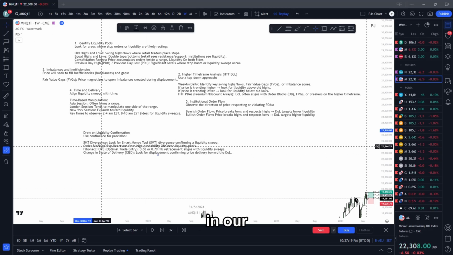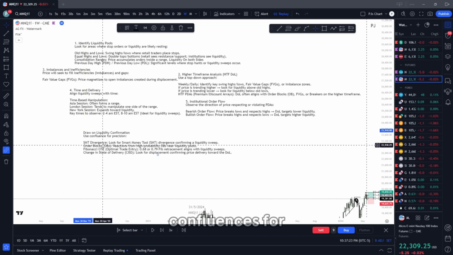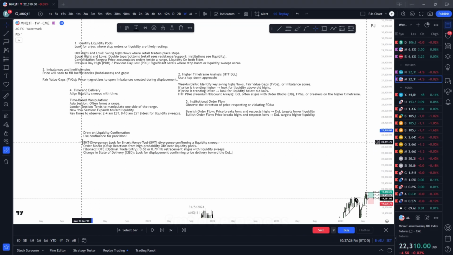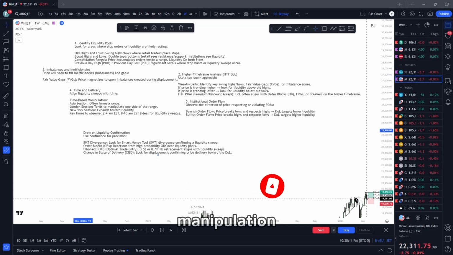Then, as you saw in our examples, we then have a draw on liquidity confirmation, which we use our confluences for precision. We use SMT divergences, order blocks, the optimal trade entry, and change in state of delivery to find our displacement inside of our key level, to then find where our true draw on liquidity is after the manipulation, and not getting psyched out by the big thick down closures and thinking we're bearish.